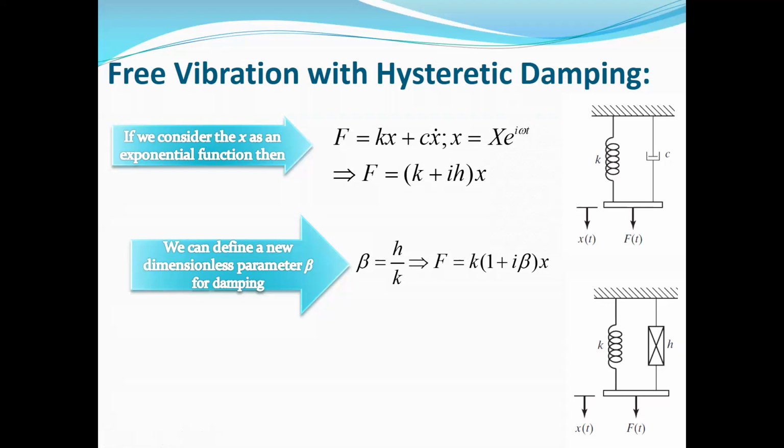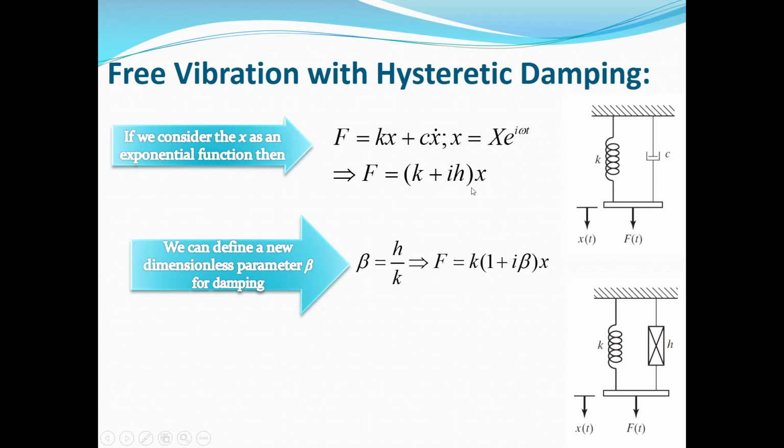So if you write x in this form and substitute into the equation for the force F, you can conclude that F is equal to kx plus c times x dot, where x dot is in fact i omega times X. And instead of omega times c, we can substitute H, and we can rewrite this equation in this form.